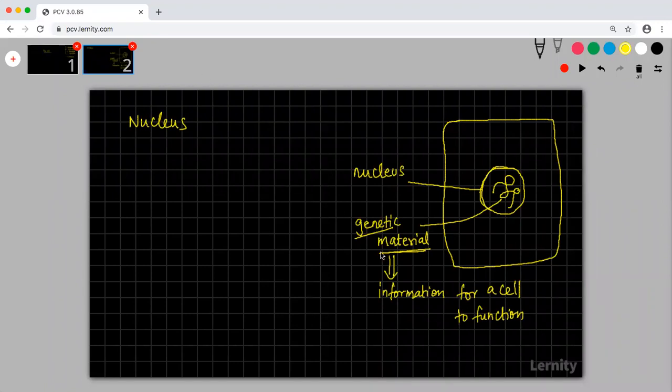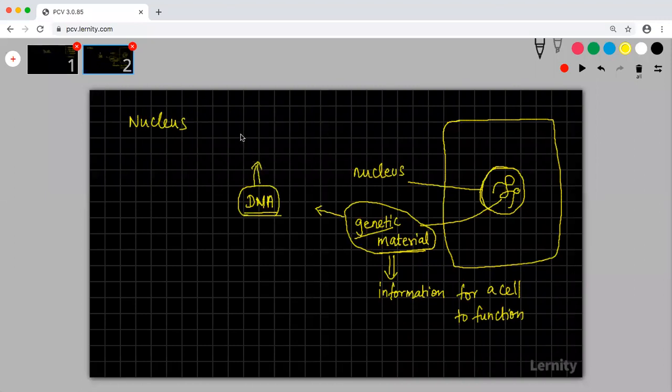This genetic material will vary from organism to organism. Okay, so normally the genetic material is what we call it as DNA. So this DNA is the genetic material. What is the full form of this DNA?